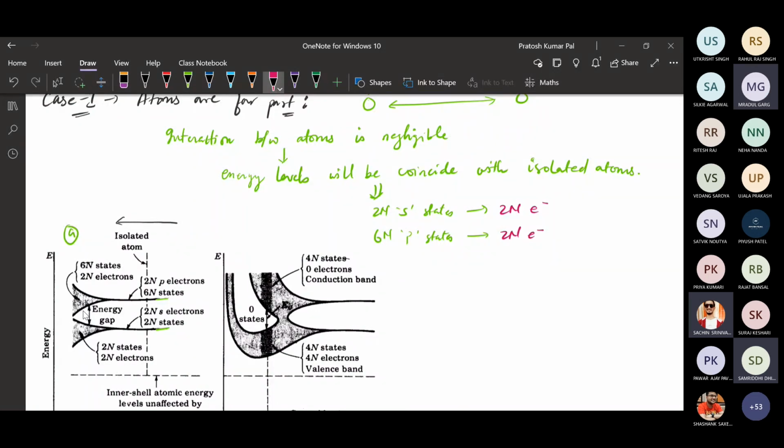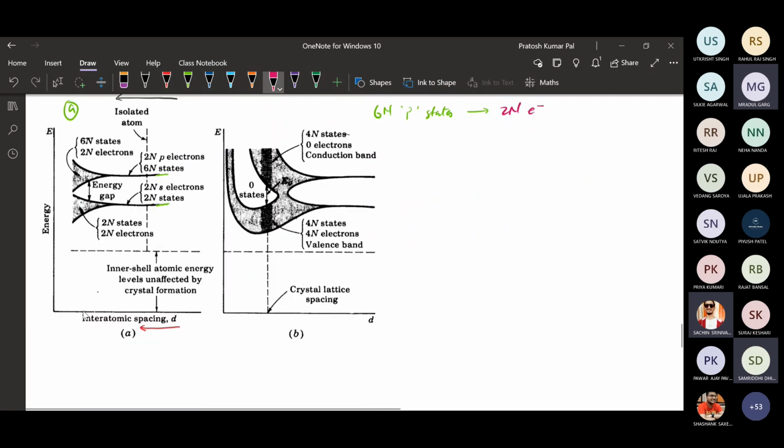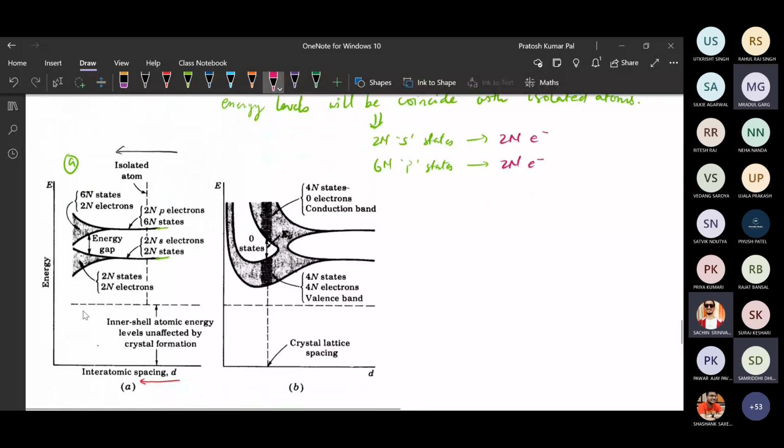So this is also clearly visible in the figure. So the second case we will see.